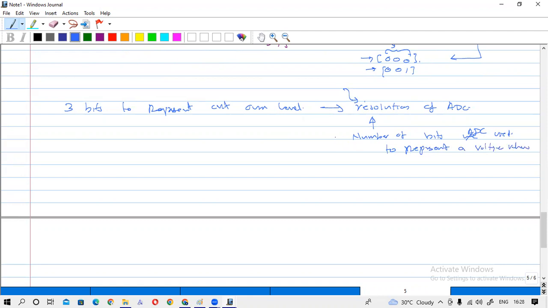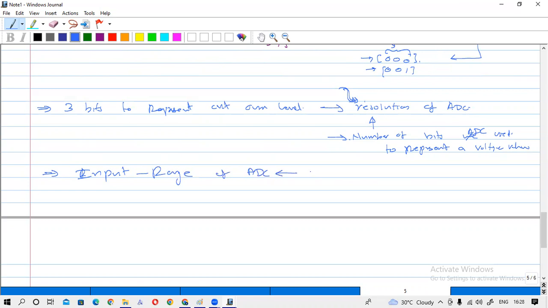Correct? So that is the resolution. This is a very important parameter. Another very important parameter is the input range of the ADC.